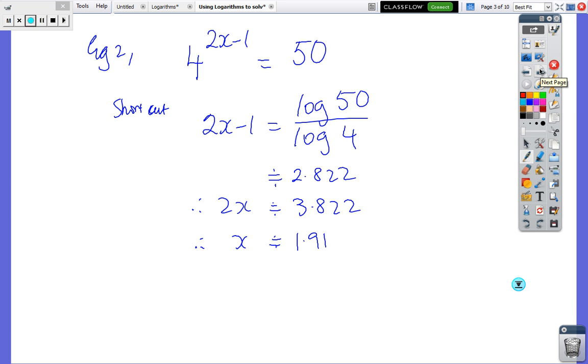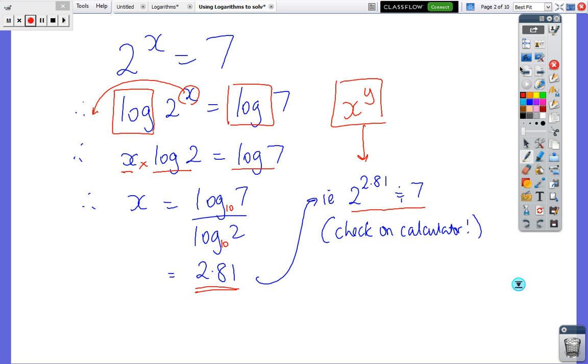Okay, so we're just going to go through about 8 examples, getting progressively more complicated. The next one is where the power is not just a simple x, it's a little equation in itself. But basically, if you look at the previous slide, when we had log 7 end up being divided by log 2, it's just log of the answer divided by log of the base.